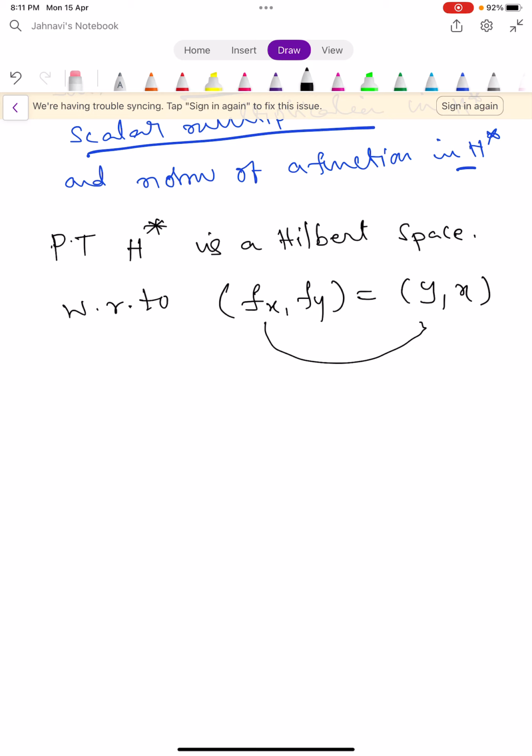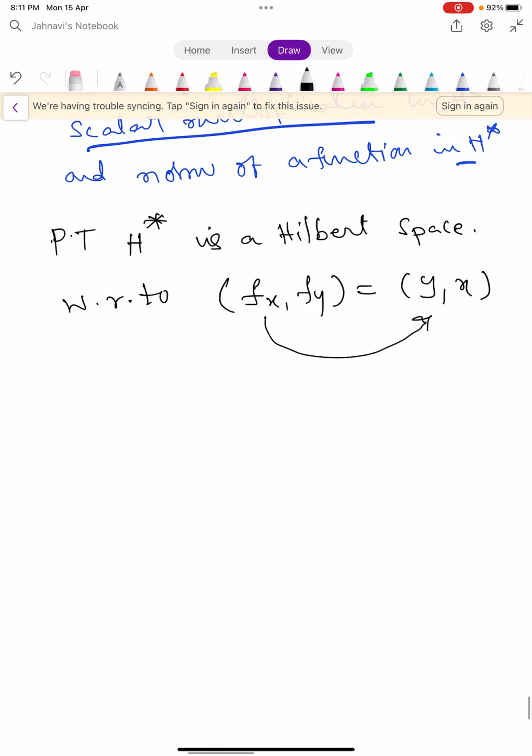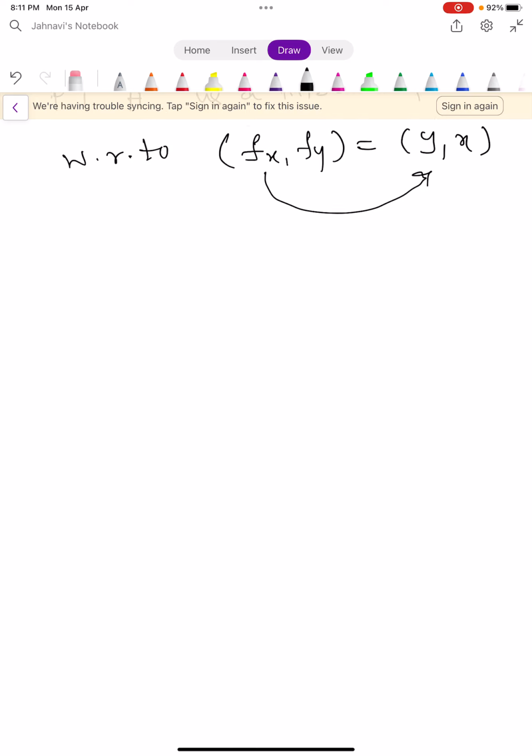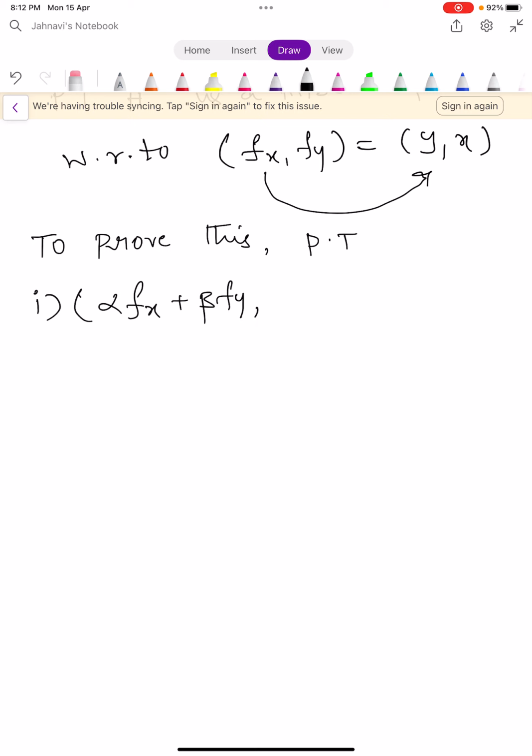So to prove this, we have to show the following four properties. The first one: alpha fx plus beta fy comma fz is equal to ... comma fz. This is z.